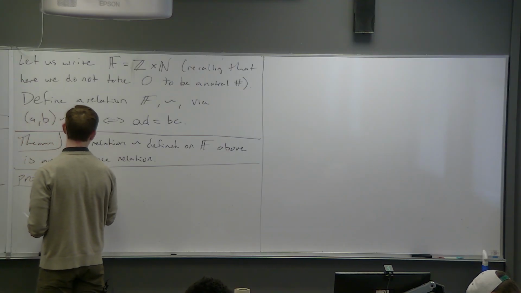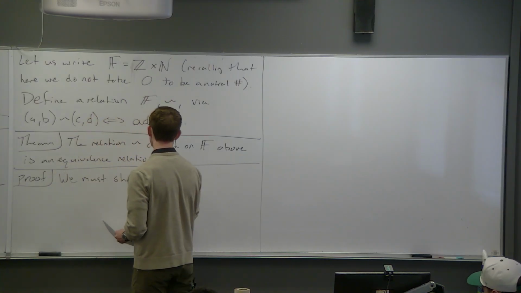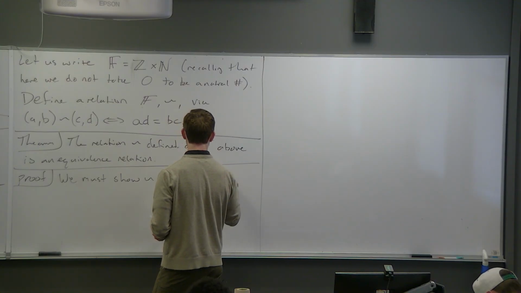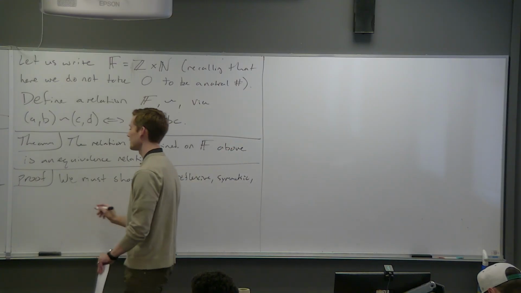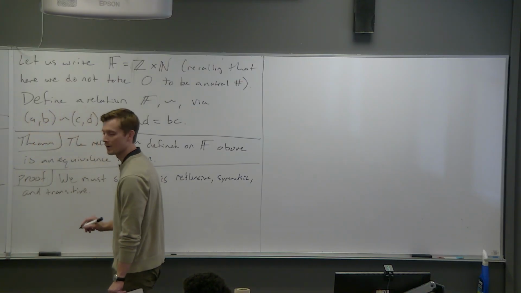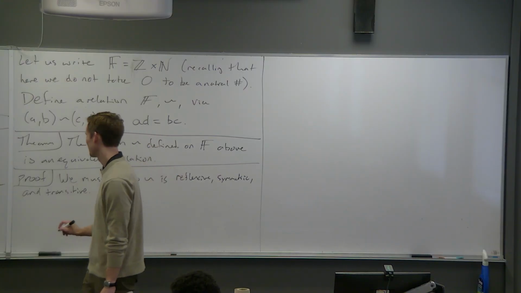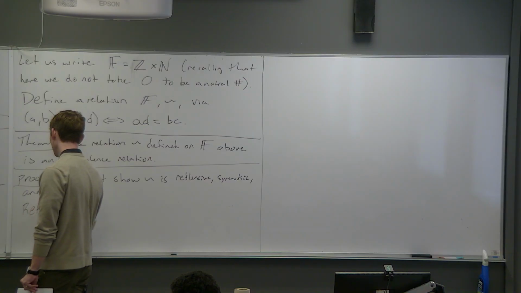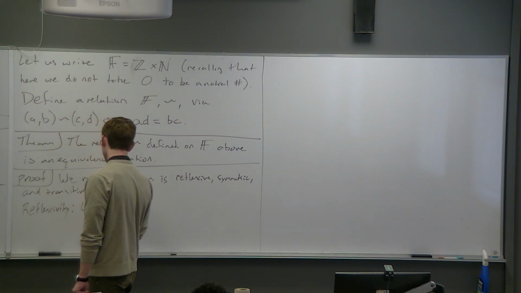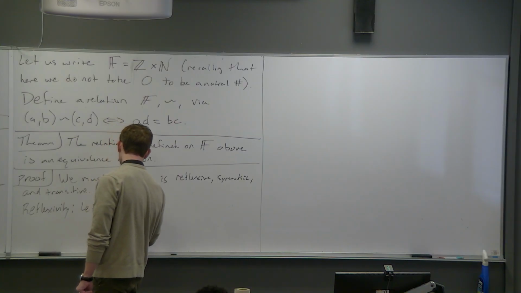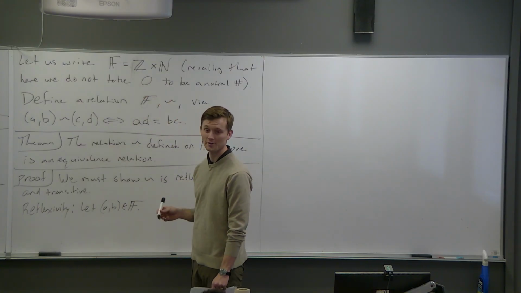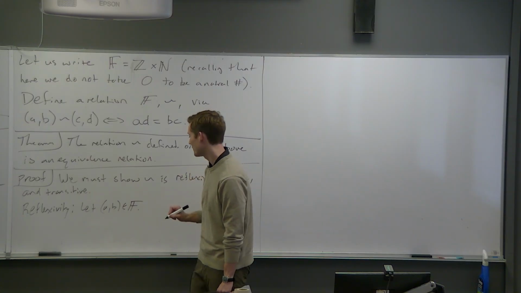We must show this relation is reflexive, symmetric, and transitive. First, we show reflexivity. Let (a,b) belong to F, which, recall, is the integers cross the naturals.